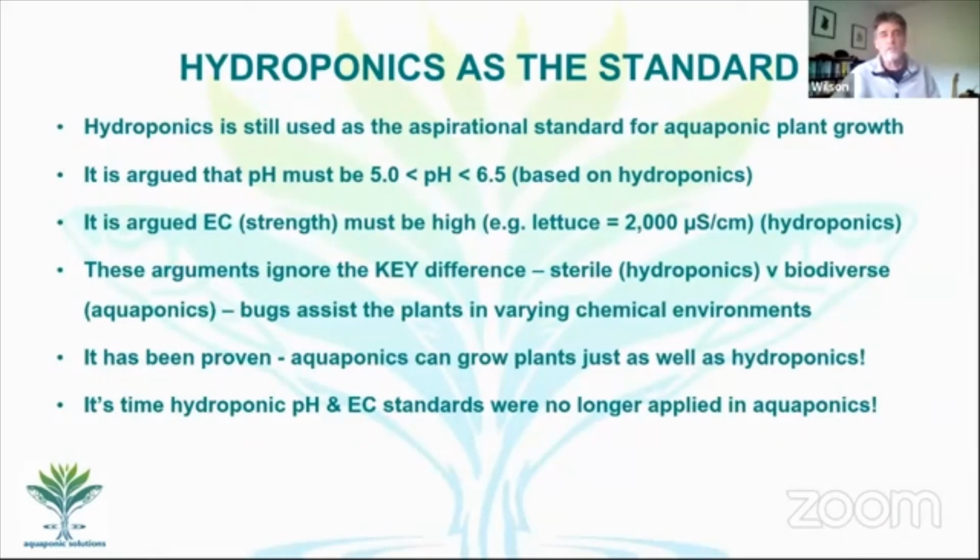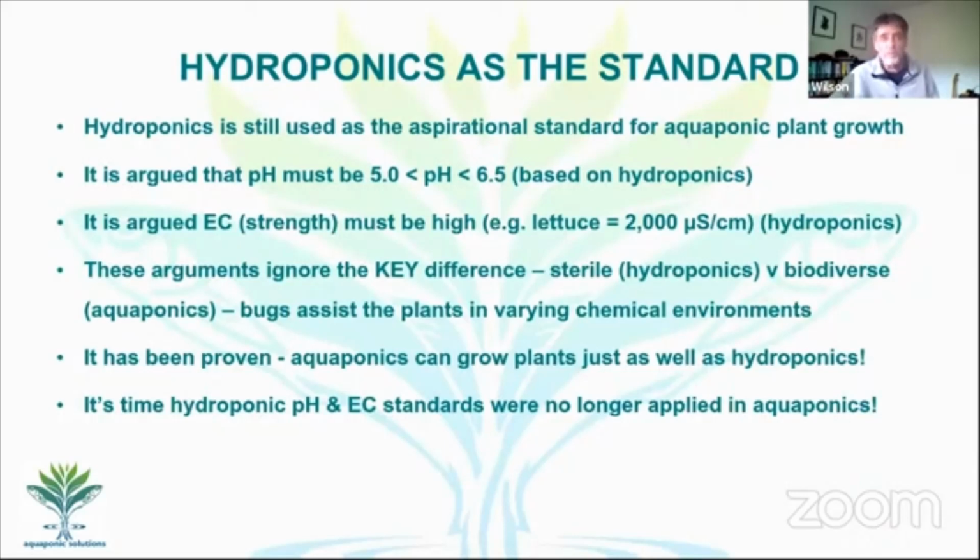And those bacteria and fungi are the same bacteria and fungi that you find in soil, and they've all evolved to work together with plants so that they can get nutrients into the plant. So if they're there in an aquaponic system, it means it's not just based on mineral chemistry anymore. It's actually based on biochemistry, which is completely different.